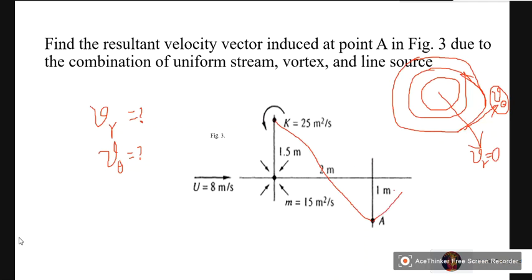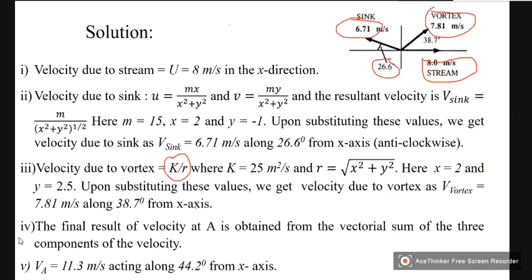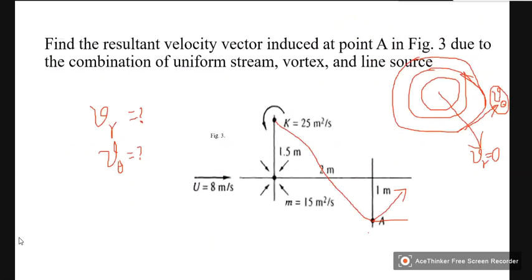So now what do we have to do? We have to resolve this velocity. Okay, let me go back. So this velocity will be in this direction. Whatever value we calculate, it will be in this direction.